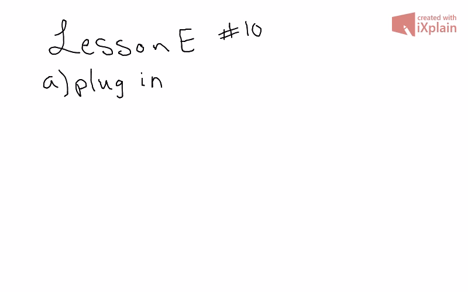Alright, so we're moving on to the last page because we had talked about not really knowing exactly what method she was talking about for this third page, the lesson E number 9. So we're going to move on to lesson E number 10, and it's in section E.4, application of exponential functions.